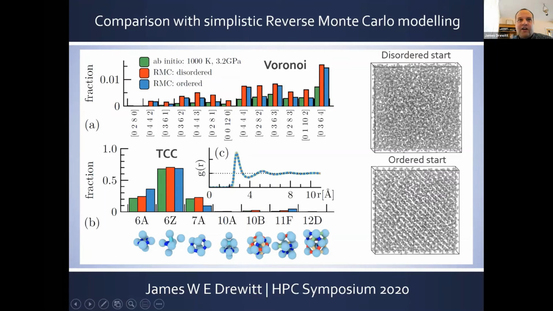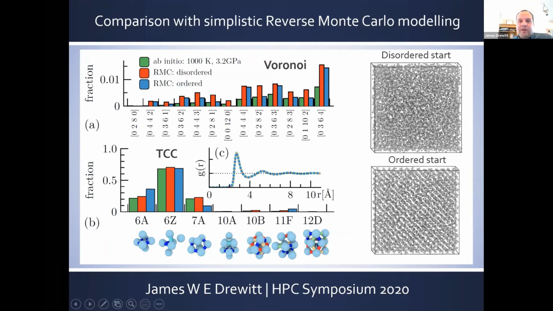And this is particularly evident in the final converged RMC simulation boxes shown on the right hand side, if you can see that underneath our heads. Particularly with using an ordered starting configuration cell, we see that the converged RMC still preserves a lattice-like structure.